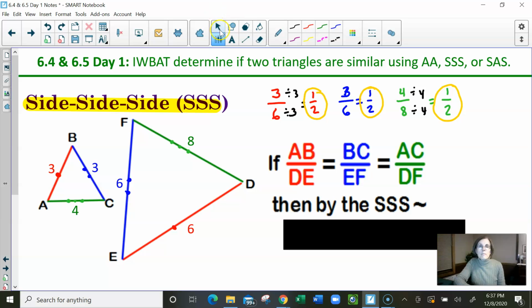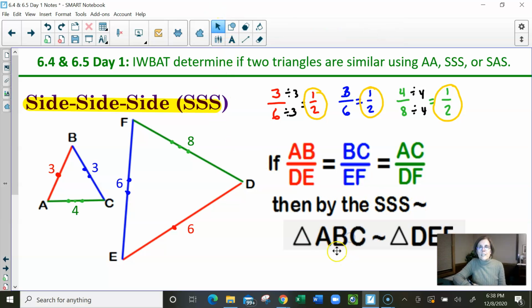If they're all the same, then by the side similarity shortcut, my triangles are similar. Triangle ABC is similar to triangle DEF because all 3 corresponding sides are proportional.